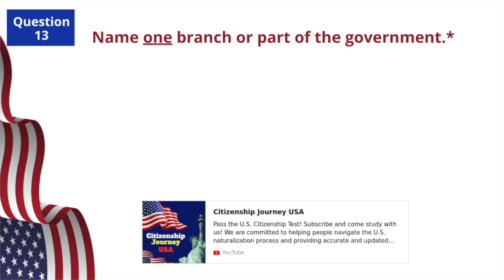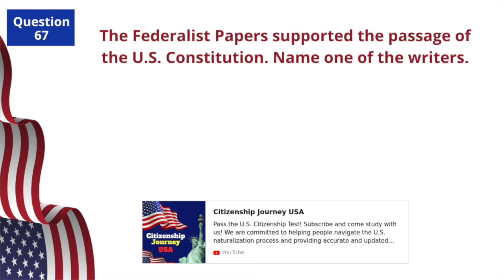Name one branch or part of the government. Congress. The Federalist Papers supported the passage of the U.S. Constitution. Name one of the writers.